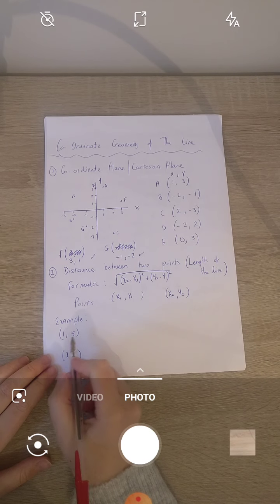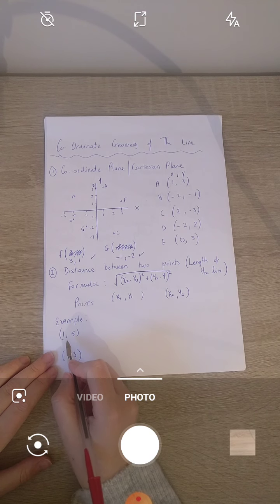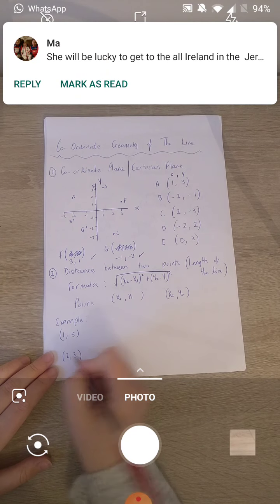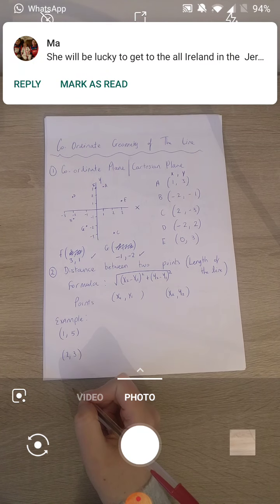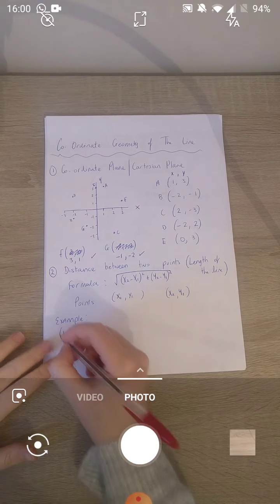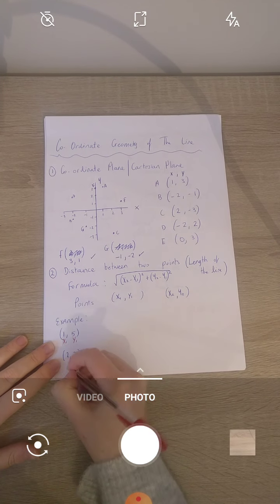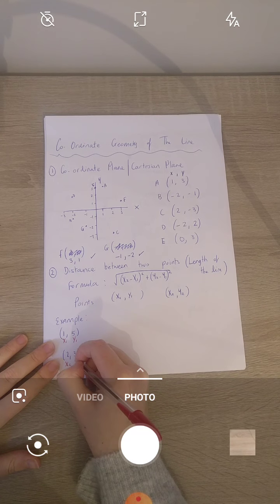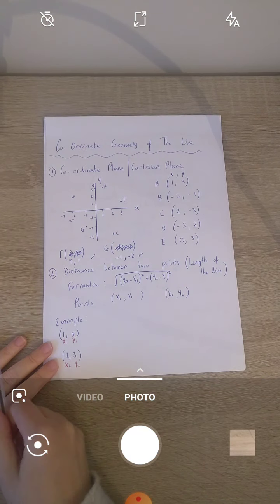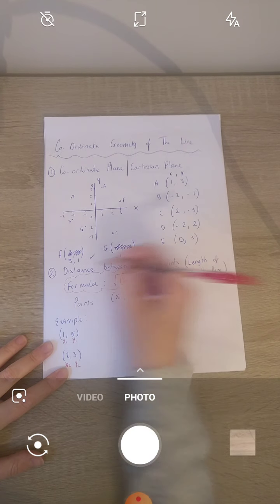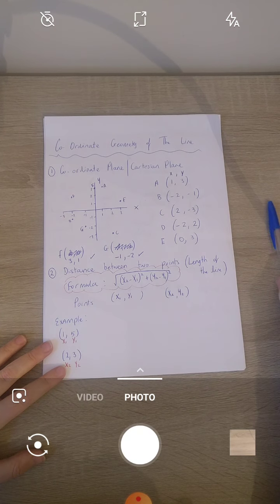I get into a habit of doing that every time at the start of a question. So for example here, we've 1, 5 and 2, 3, and they're going to say find the distance between these 2 points. I start by labeling x1, y1, x2, y2. And all I'm doing then is subbing into the distance formula.